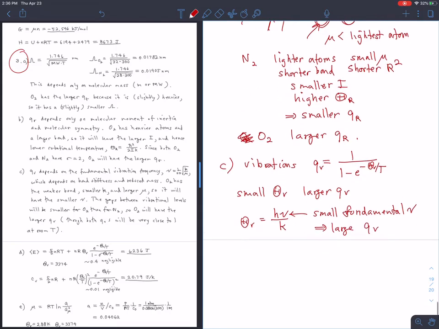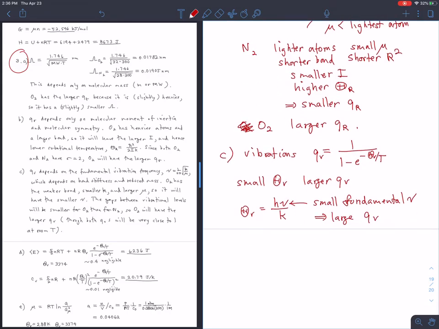QV is rarely very large, but it will be larger if it's got a small fundamental frequency. A small fundamental frequency will give it a lower vibrational temperature. Remember that the frequency is 1 over 2 pi square root of force constant divided by reduced mass.